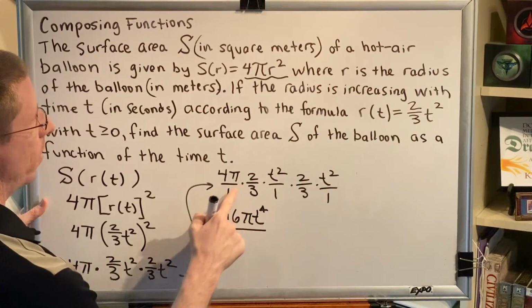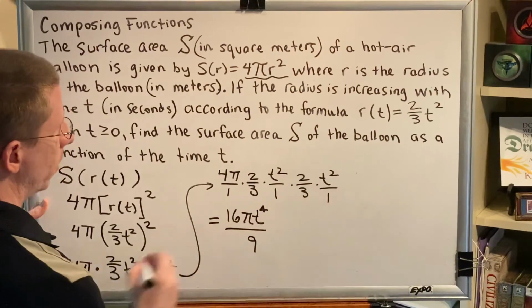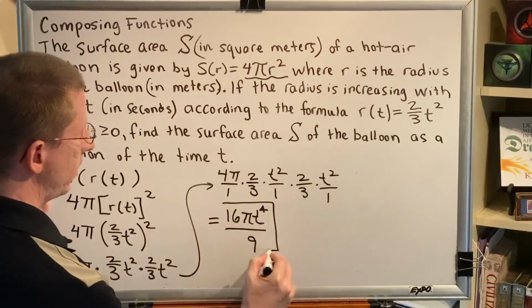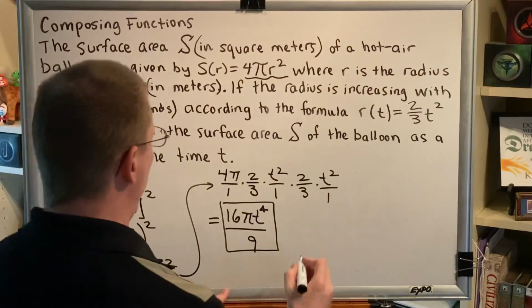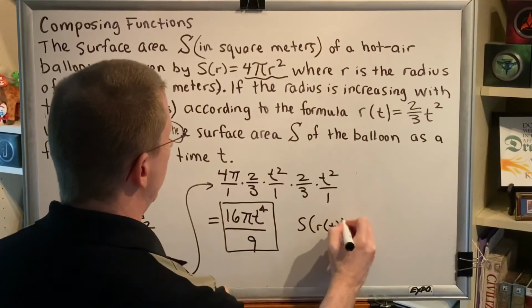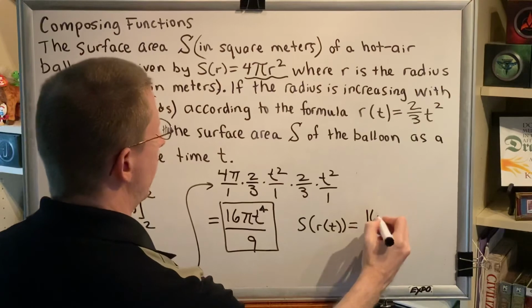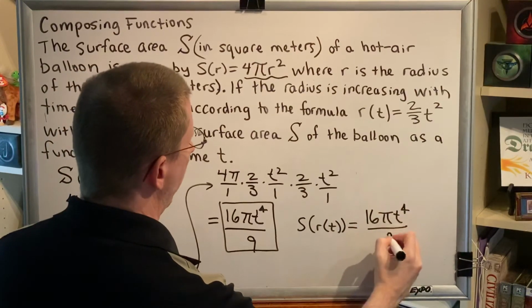At the bottom, 1 times 3 times 1 times 3 times 1 is 9. So we get our final answer, 16 pi t to the 4th over 9. Or, if you prefer, you can write S of r of t equals 16 pi t to the 4th over 9.